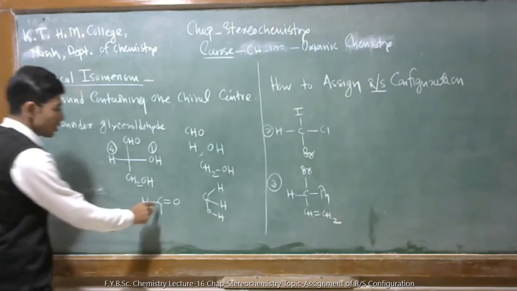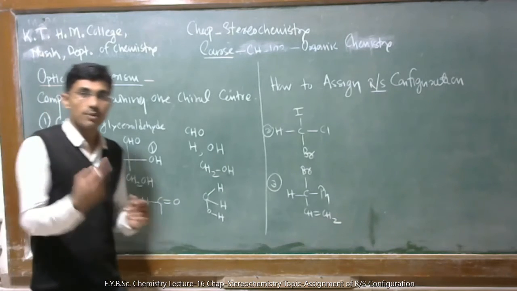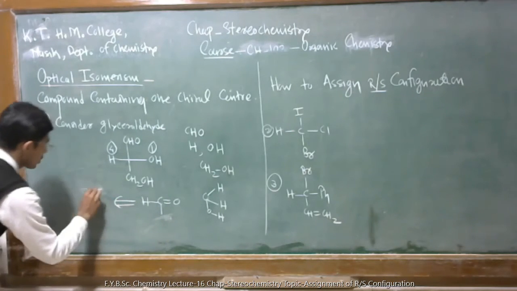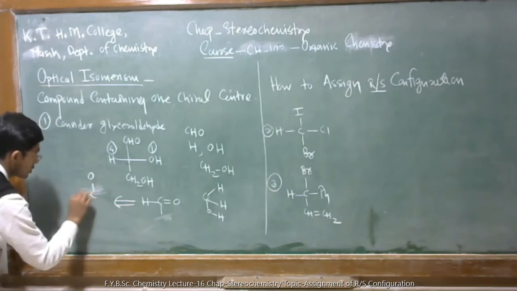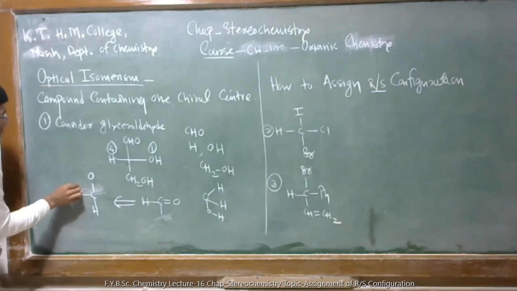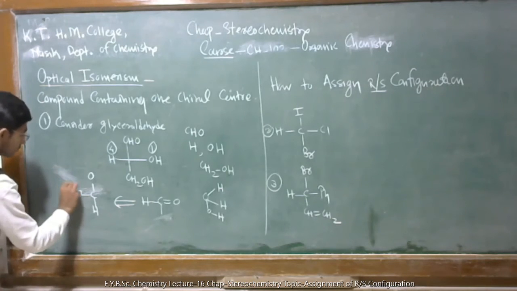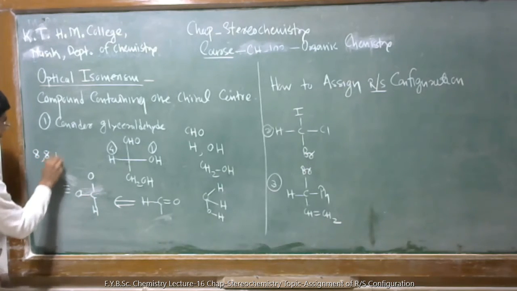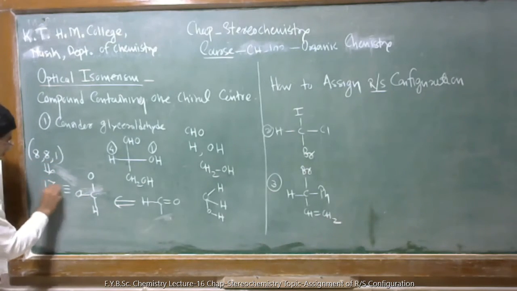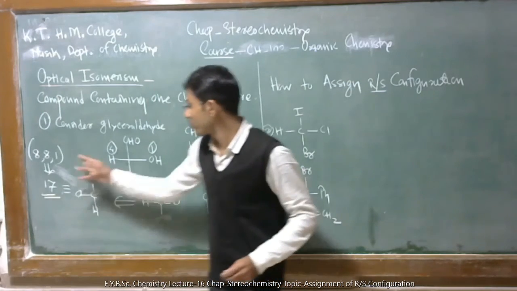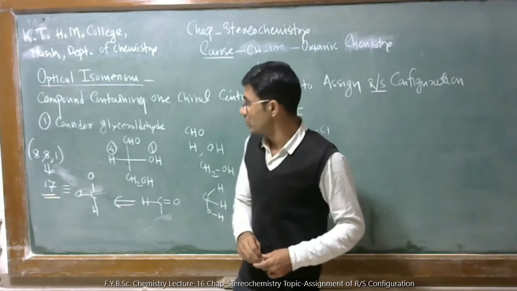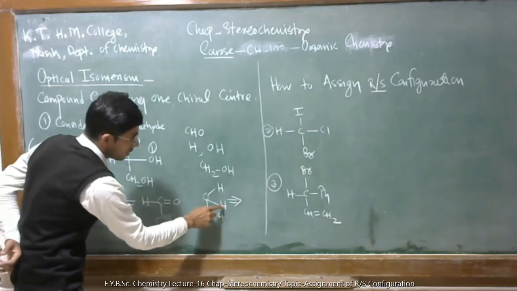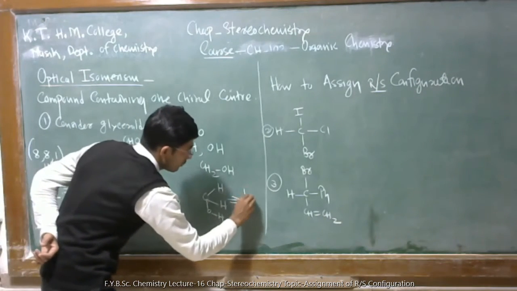In the aldehyde, this carbon is attached to oxygen with a double bond, meaning 2 times, so you have to consider that this is equivalent to oxygen, oxygen, and hydrogen. Then we compare: oxygen has atomic number 8, oxygen has 8, and hydrogen has 1. So overall it becomes 17. In the case of the other group, this carbon is attached to oxygen and two hydrogens, so 1 and 8.